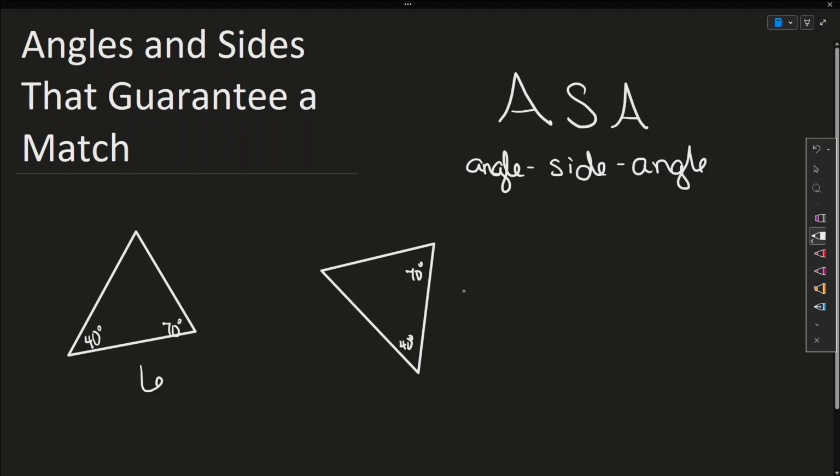But this time, the side between them is not 6. It's 8. However, this side up here, we're going to say is 6. These are actually not congruent based on ASA, because for ASA, we specifically need the side between the two angles to match. That's the 6 and the 8 side. So these triangles are not congruent.